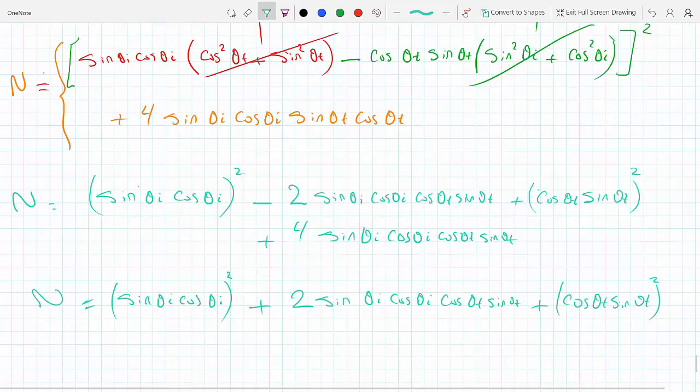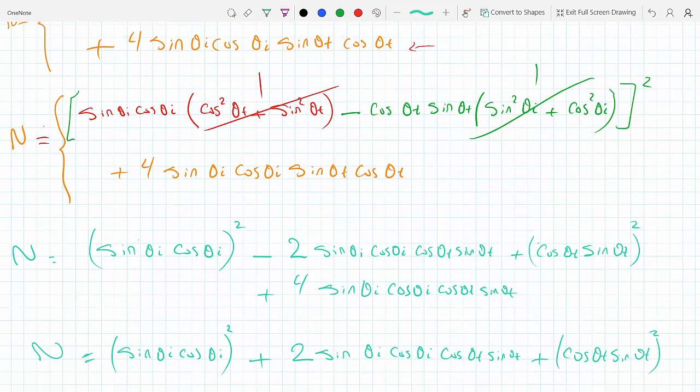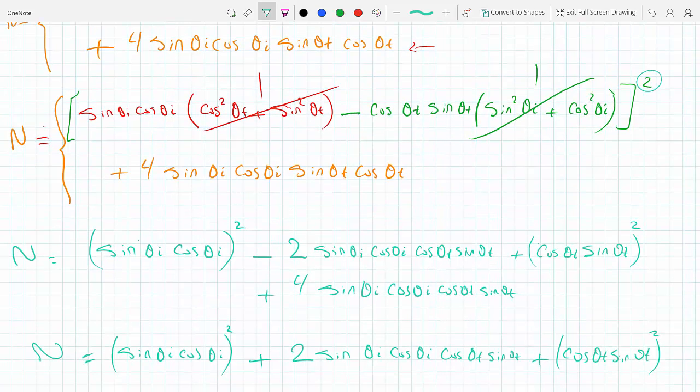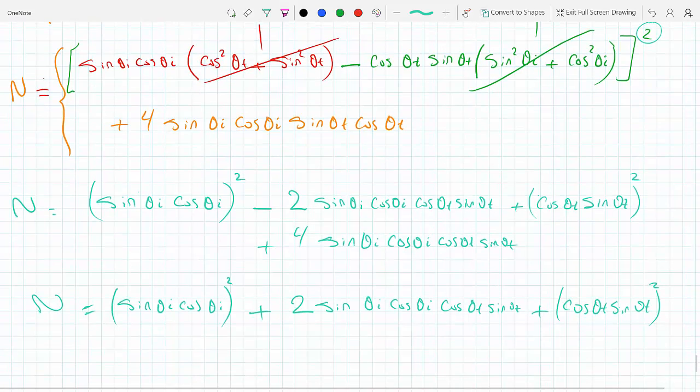So this factors to the same exact thing it was before, except instead of the minus 2 we have plus 2.